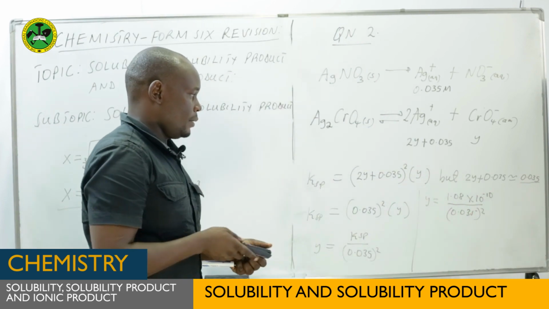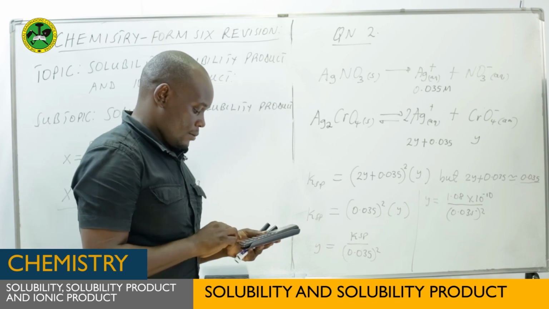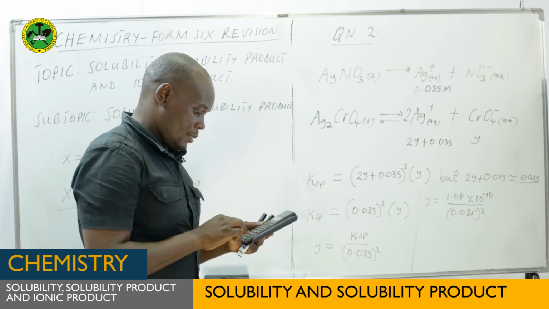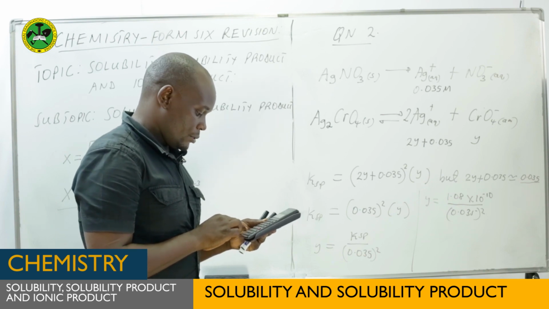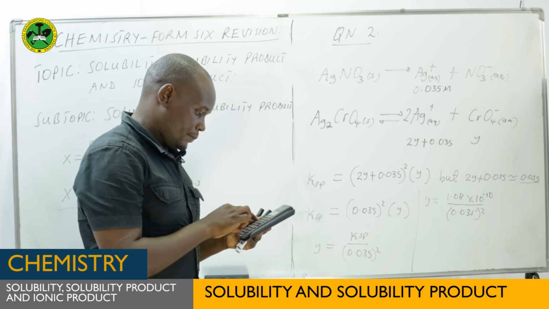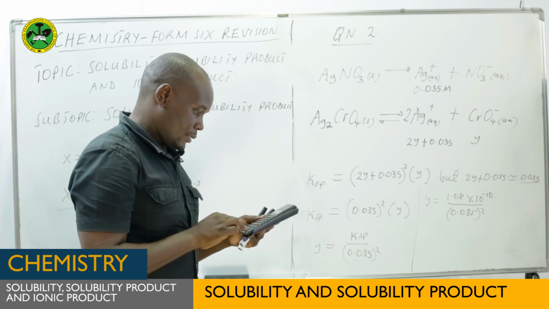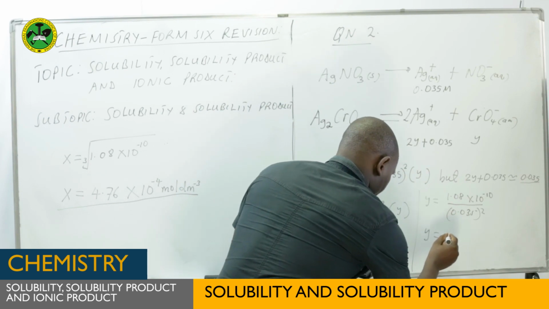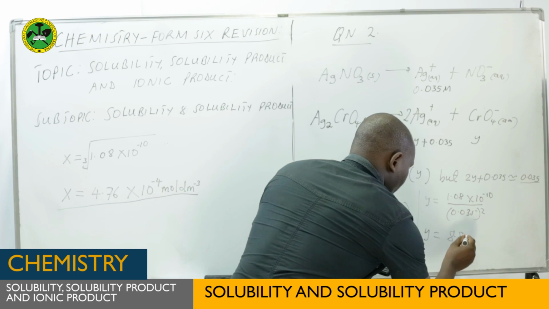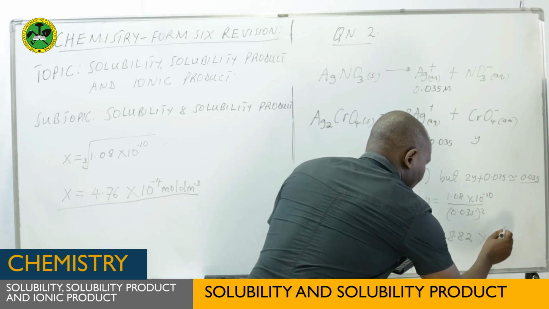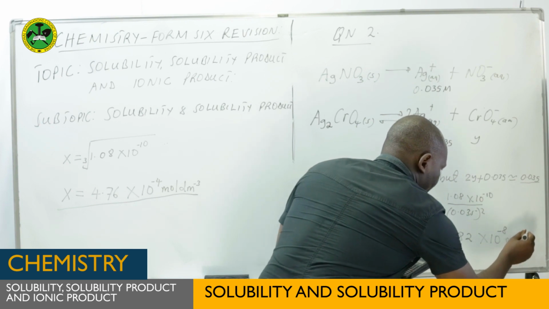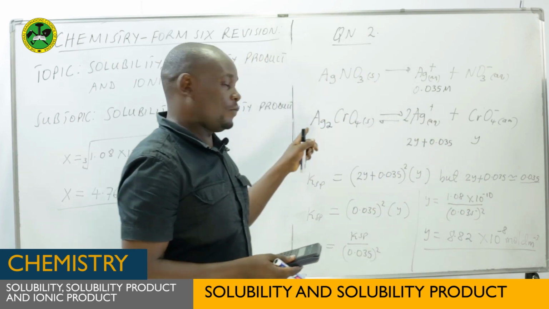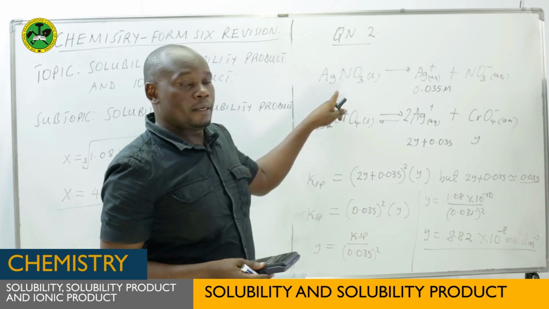So take it now and feed it into your calculator: 1.08 exponent negative 10, then divided by 0.035 squared. Then the answer is 80.8. So we get the answer Y, which is equal to 80.8 approximately, then times 10 power negative 8. This will be moles per decimeter cubic. So this is now the solubility of silver chromate in silver nitrate.